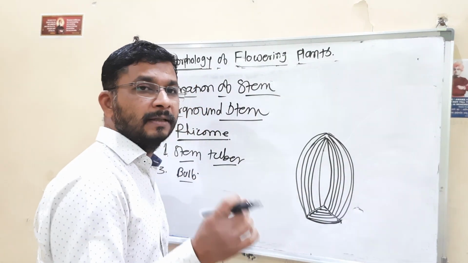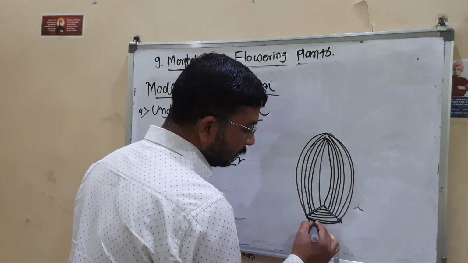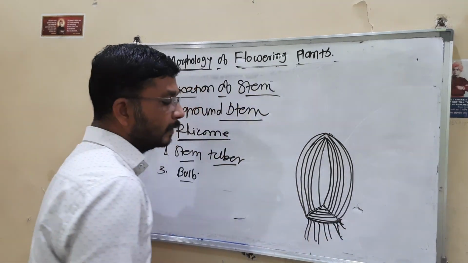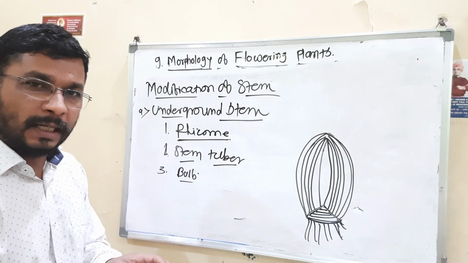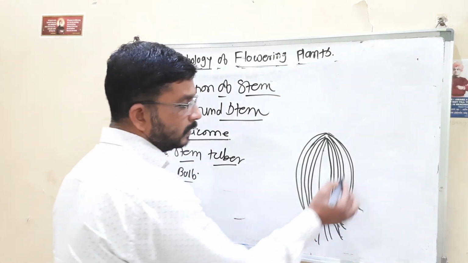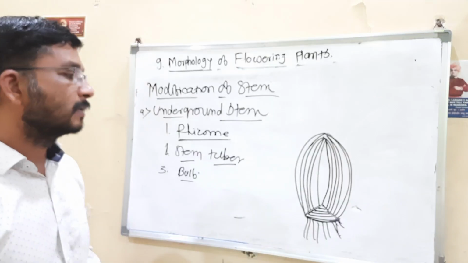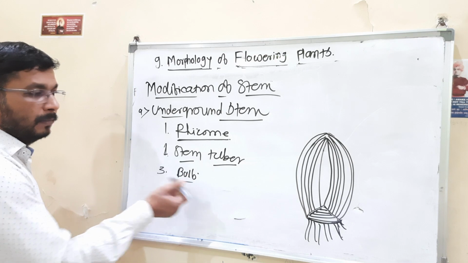They are thick, and when this stem gets modified into a disc-like, discoid-like structure, they form these thick leaves called scaly leaves. Okay, this is an example of bulbils.